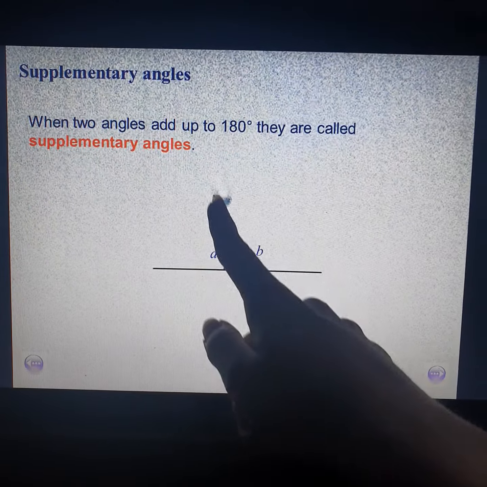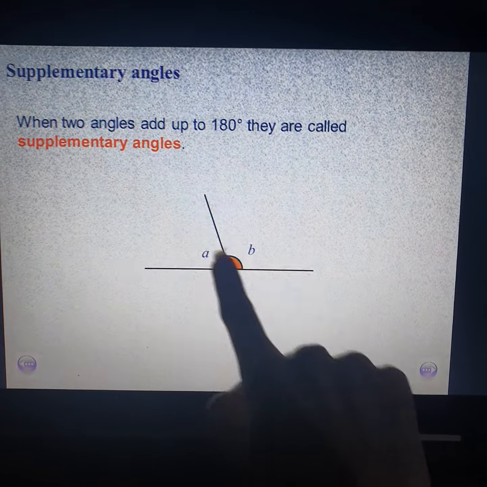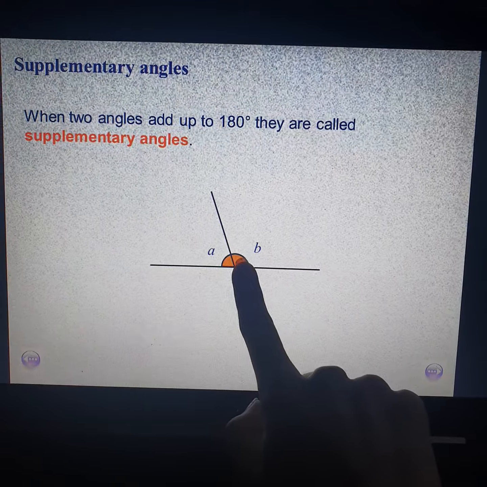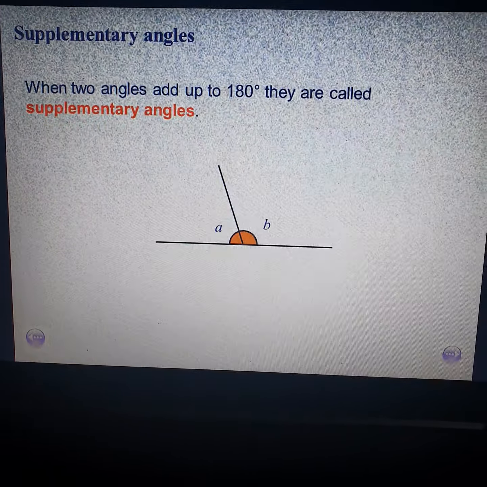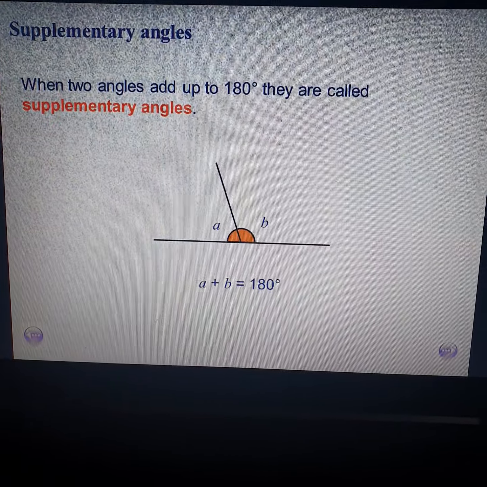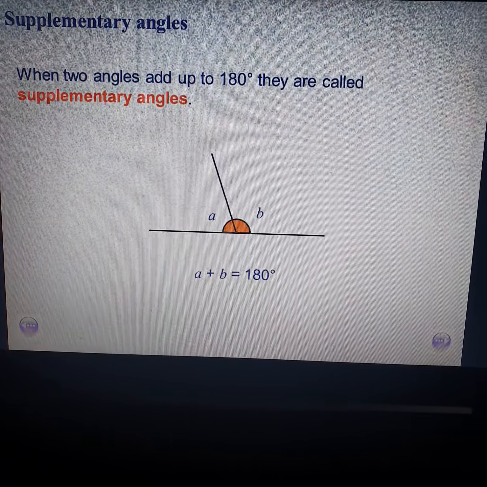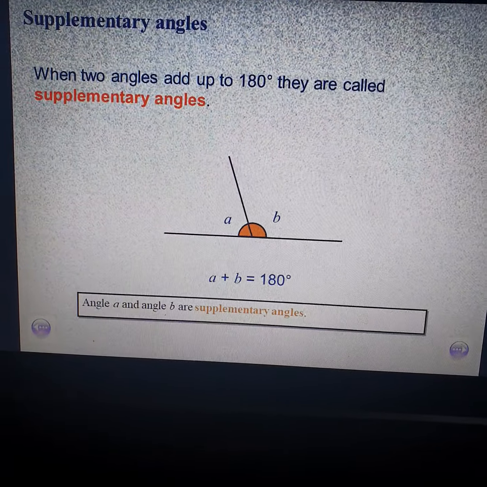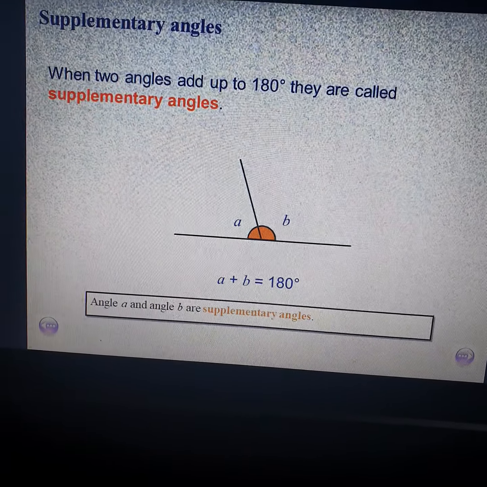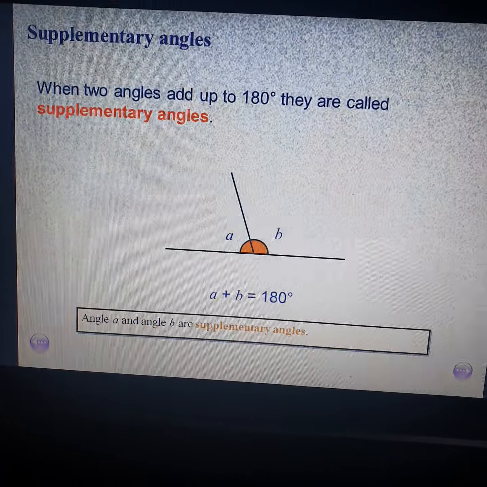It's kind of like a line is going through, dividing the angle that's there already into 2 different size angles, so you'll be able to work them out. So we'd know that angle A plus angle B is equal to 180 degrees. And they're called supplementary angles. They kind of supplement each other, or you have one, you'll be able to work out the other.